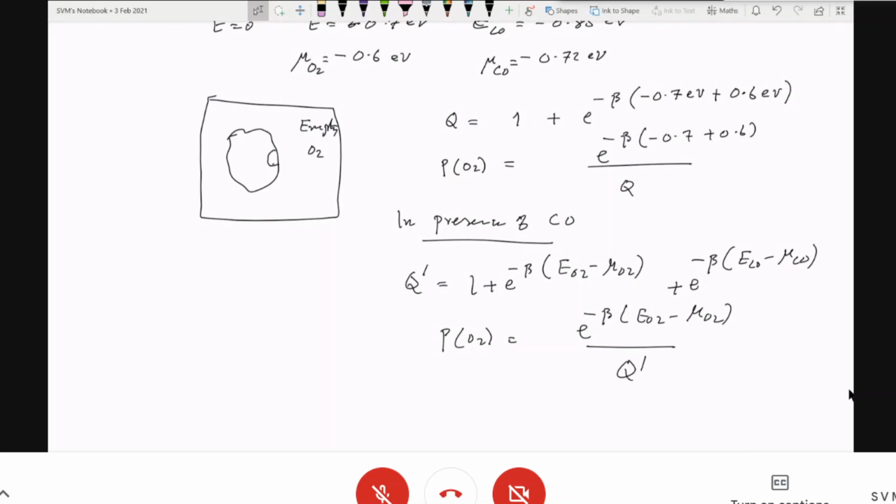Sir, I don't remember exactly, but roughly the first will be something like above 90%, and this turns out to be about some 25%. So it drastically reduces the oxygen binding probability. This is what we call carbon monoxide poisoning.